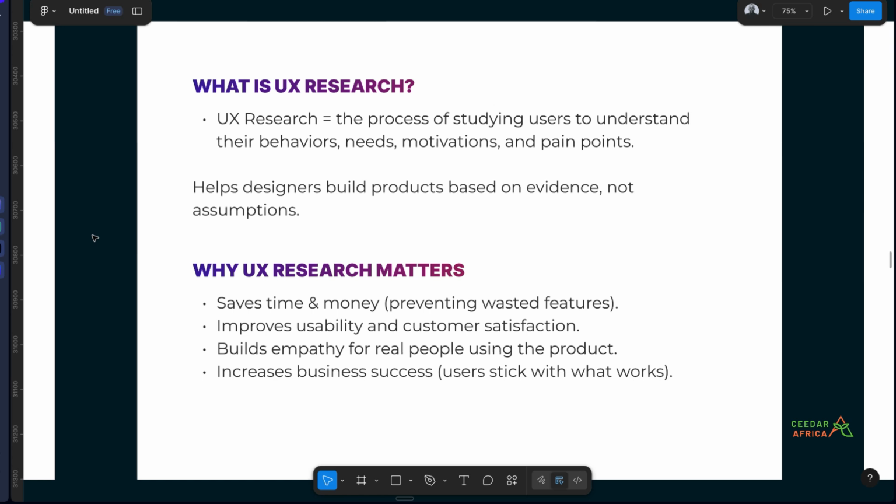So why does UX research matter? Number one, it saves time and money, preventing wasted features. Just like I explained, imagine you have a rental application, and then you introduce a feature that does not make sense for the rental process or the rental market. I can't even think of one off the top of my head now. Maybe you introduce a follow feature.